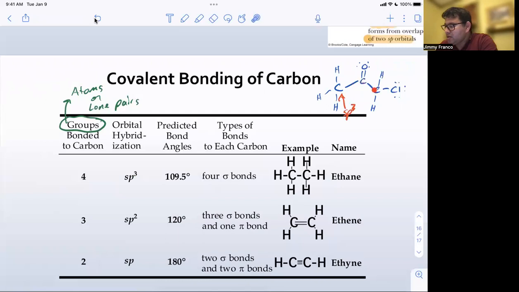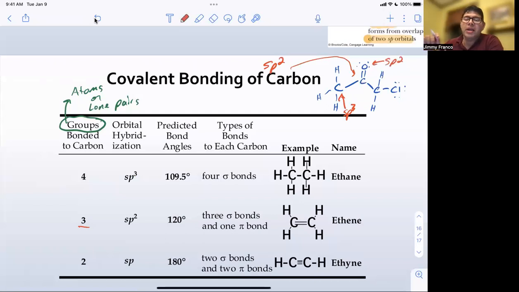It's 1, 2, 3. If it's only 3, so sp2. Now, I think this is actually one of the tougher ones. We have an oxygen on top. It's got 1 lone pair, 2, 3. So again, this one, sp2.